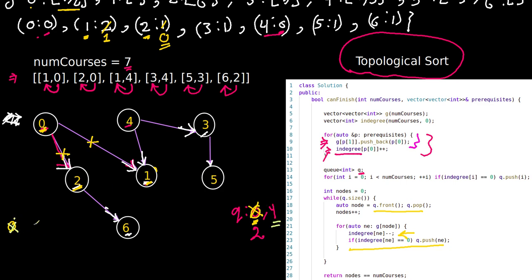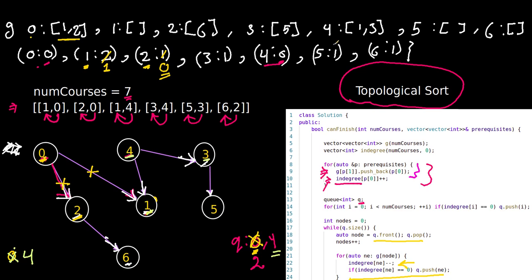Next is node 4. Its neighbors are 3 and 1. We are taking this course, so we pop it from the queue, and we remove these edges, which means we update the in-degree of node 3.